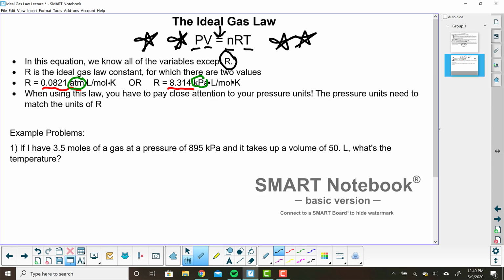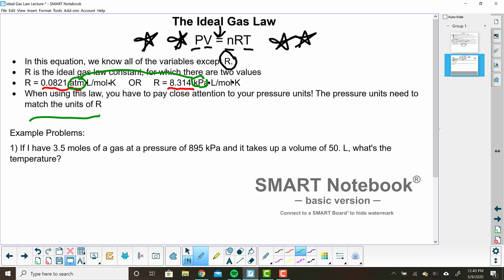But the thing is, we have the potential for two different pressure units. So you can use either of these values for the ideal gas law constant, or R. You just have to pay close attention that your pressure units match the units of the R that you choose.